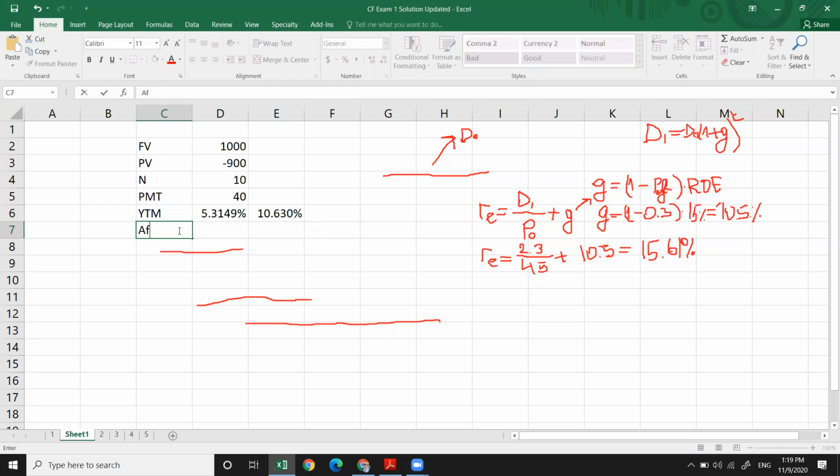So after tax, it will be equal to this times 1 minus the tax rate, which is 38%. So after tax, did I do correctly? Yes. So after the tax, the cost of debt is equal to 6.59%.